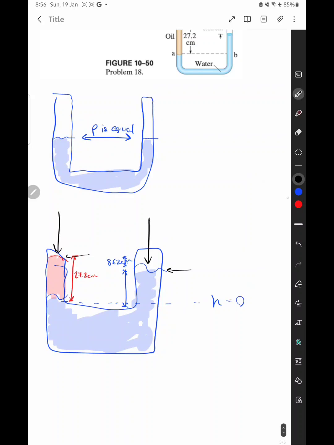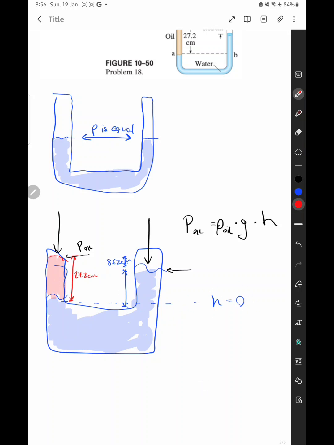So let's use this pressure here. Let's call it P oil. P oil is defined by rho of the oil times G times H. And for H, I'm saying that down here is H equals 0.